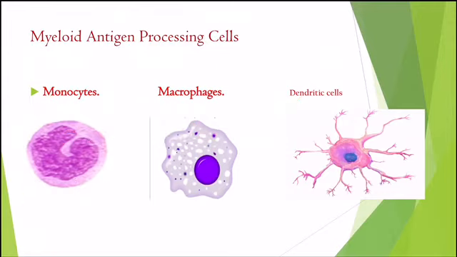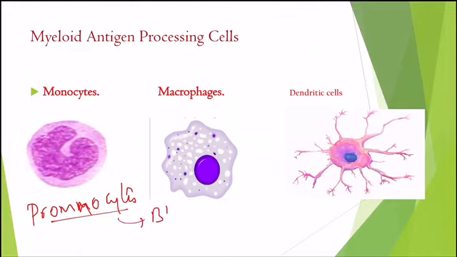During hematopoiesis in the bone marrow, granulocyte-monocyte progenitor cells differentiate into monocytes. These monocytes leave the bone marrow and enter the blood, where they differentiate into mature monocytes.